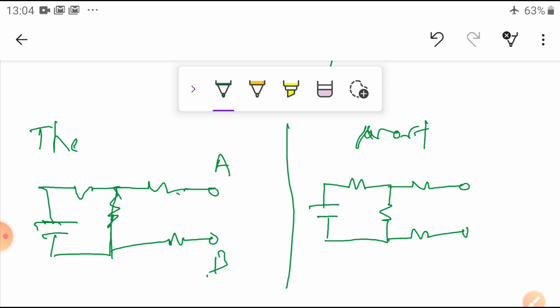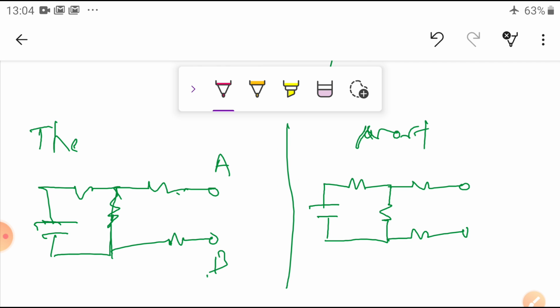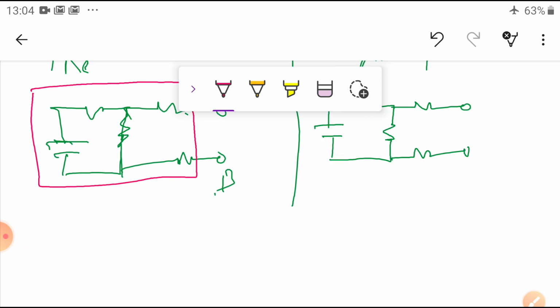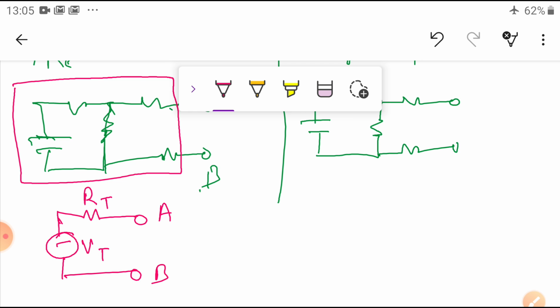Now the same circuit. What happens in Thevenin's theorem? First, this total circuit is represented by just one voltage source and one resistance. These are the terminals, this is A, this is B. So we can say this is the R Thevenin and this is the V Thevenin, plus minus.